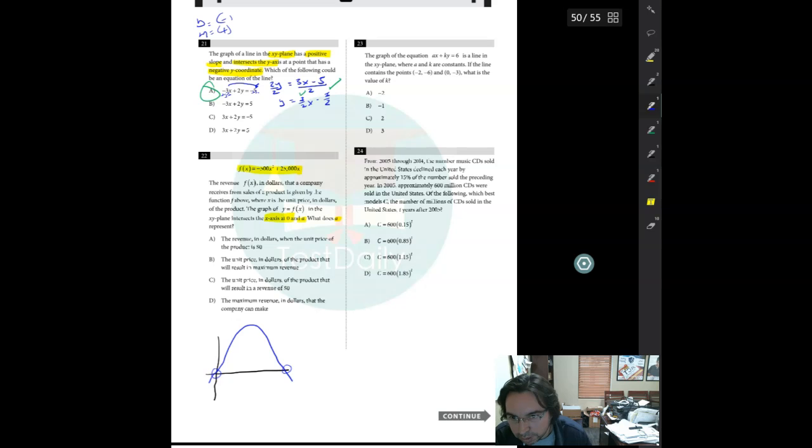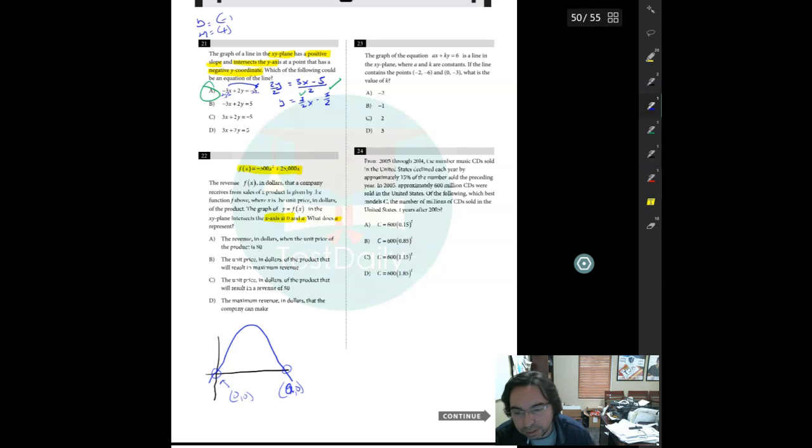It just wants to know these two intercepts, which it says the graph intersects the axis at 0 and A. So this is 0, 0. And the other one is A, 0, because we know the y values are zeros.